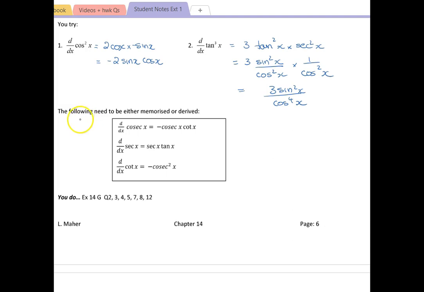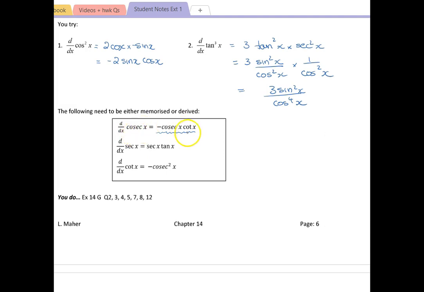And like it says here, these need to be either memorised or you're able to derive them because they're not on the reference sheet. And I would say memorise them because there might be a case where you are expected to see that and know it is the derivative of cosec.